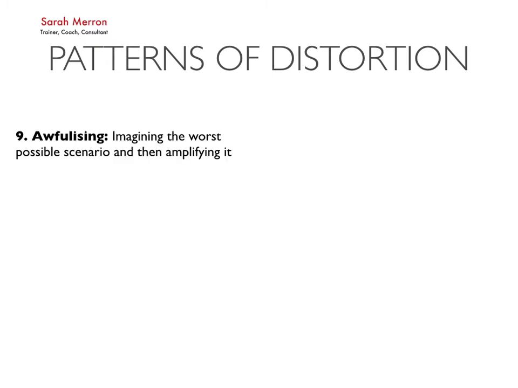Okay, now the next one is awfulizing. I love this word. I'm not sure it's a real word actually. This is where we assume that the absolute worst possible outcome could occur. And you'll hear people say this is awful, or this is dreadful, or this is terrible. It's very easy to do. I've bought into this myself in the past quite frequently.